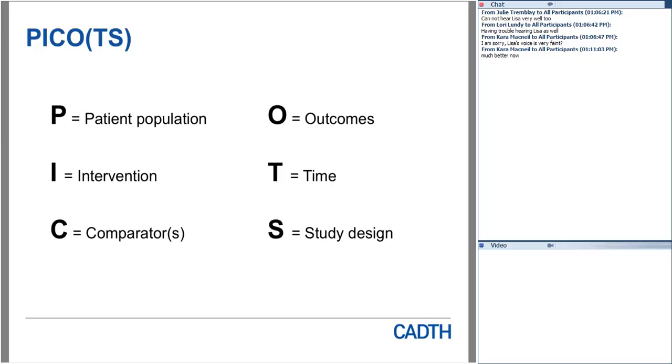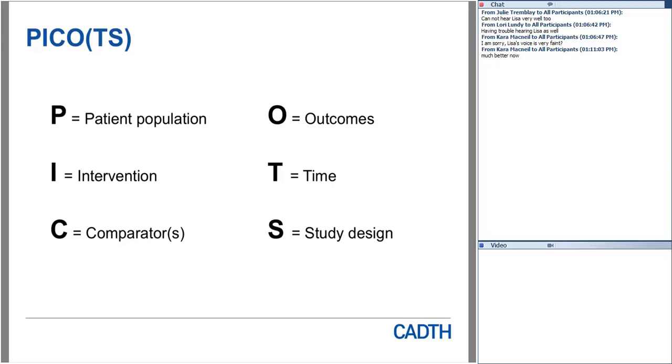Your comparator could be something like positive airway pressure devices, so the CPAP machine. The outcomes that you're looking for are improved sleep, improved health, less somnolence during the day, and there are other measures of health outcomes for obstructive sleep apnea. So this is what you'd be looking for.